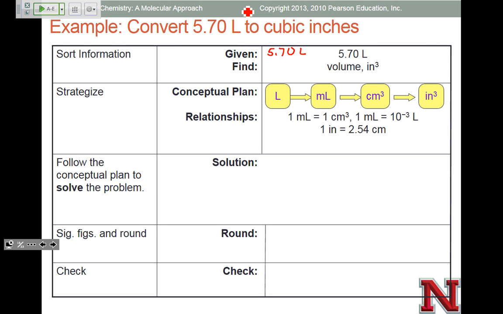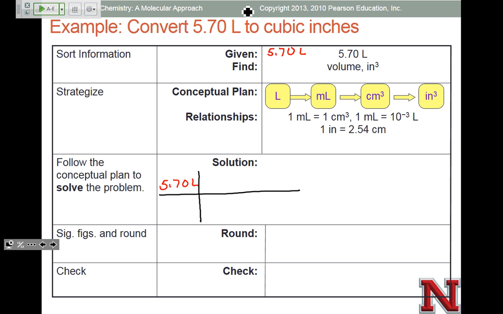So our solution to putting this in, we're starting with 5.70 liters. Our first relationship we're going to want to use is how liters relates to milliliters, because that's our given unit. I like using 1 liter equals 1,000 milliliters, which is the same thing this relationship is showing.